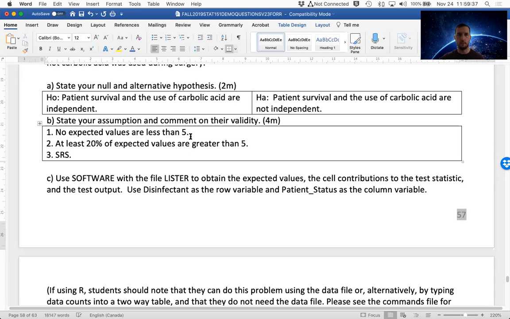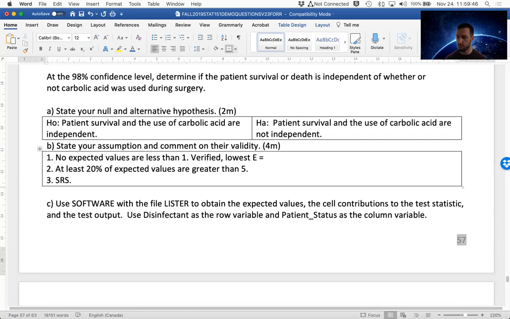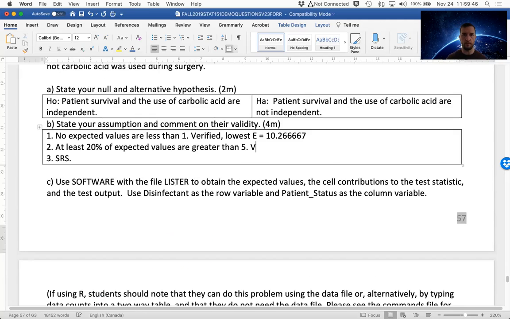Okay, so the first one is verified. The smallest is 10.26667. And we can see that no expected value is less than 5. So this is verified. No expected values less than 5.